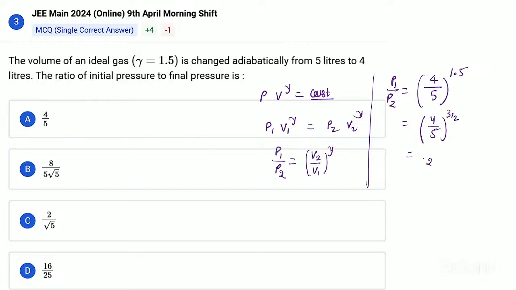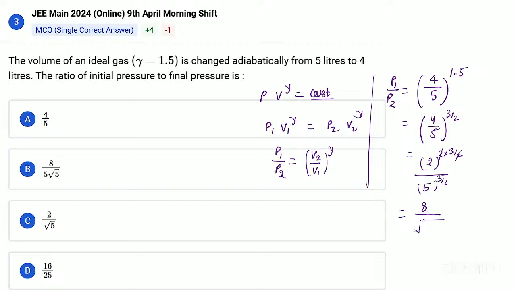Now distribute this power. So we can write 4 as 2 raised to the power 2. So 2 multiplied by 3 by 2, divided by 5 raised to the power 3 by 2. 2 and 2 will cancel out. It will become 8, and this will become 125.